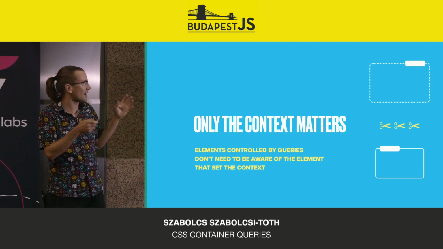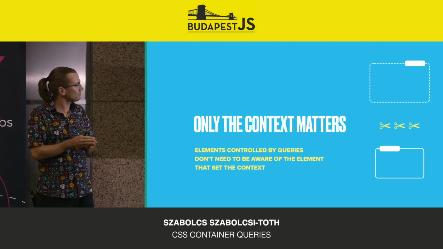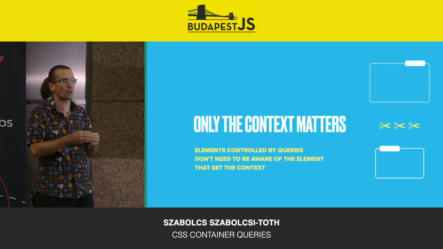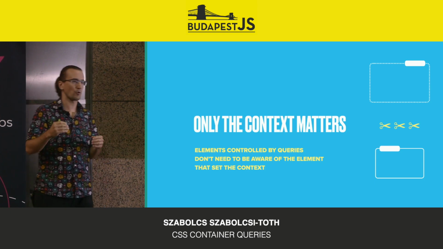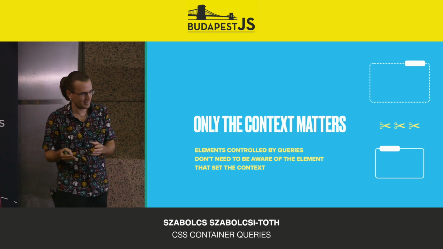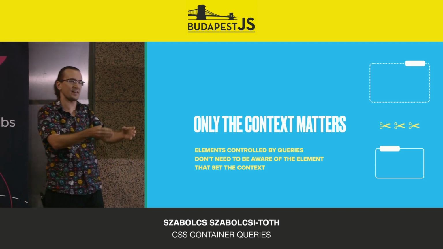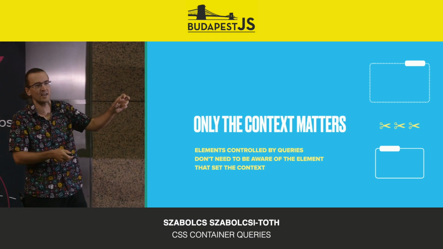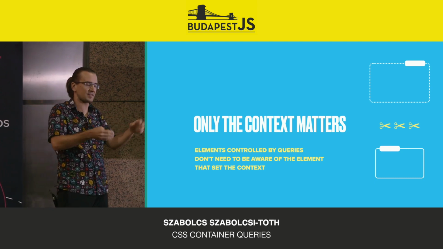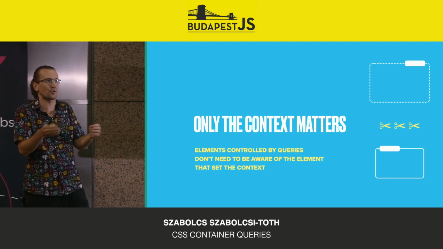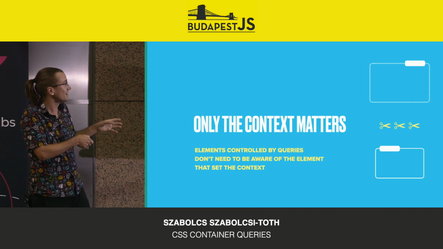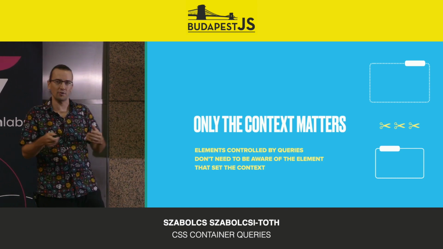The elements are only controlled and set up by the containment context. So if you're thinking about components, you don't have to pass in the container element's class name or anything, like 'I'm inside this .container thing, yes or no.' You don't have to do that because CSS resolves that for you with the containment context.